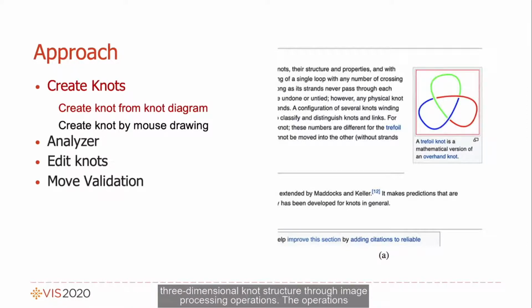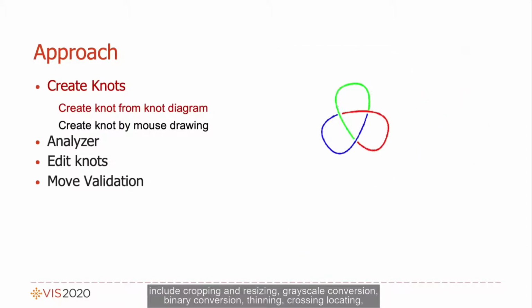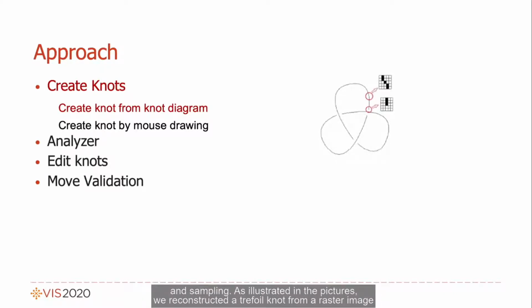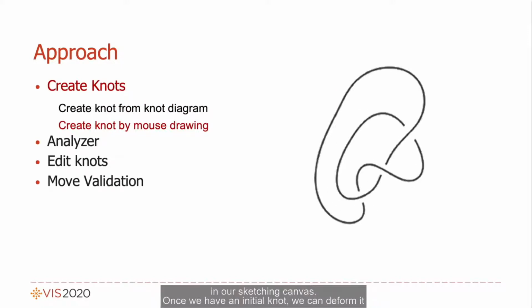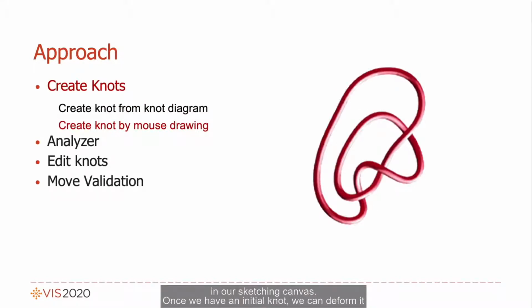The operations include cropping and resizing, grayscale conversion, binary conversion, thinning, crossing locating, and sampling. As illustrated in the pictures, we reconstructed a trefoil knot from a raster image from the Wikipedia website. Or, like this image, one can also draw a knot diagram in our sketching canvas.